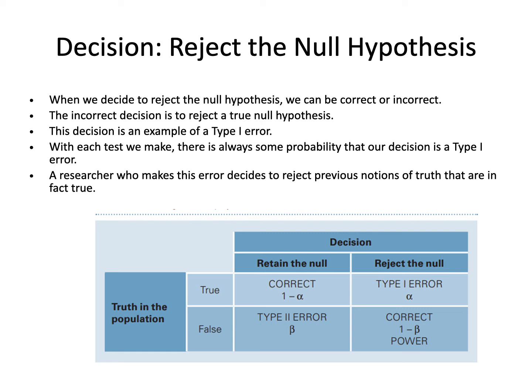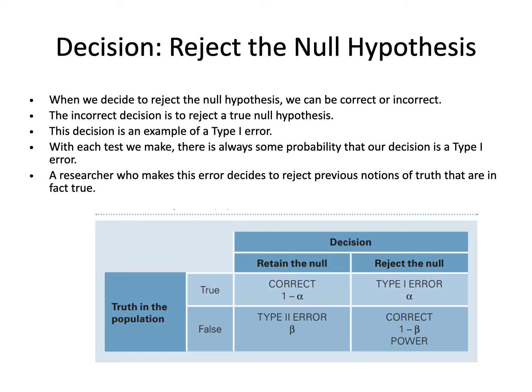That's why we set the level of significance, and it is defined by alpha. Like when we set alpha equal to 5%, there is always a 5% chance of the type 1 error.